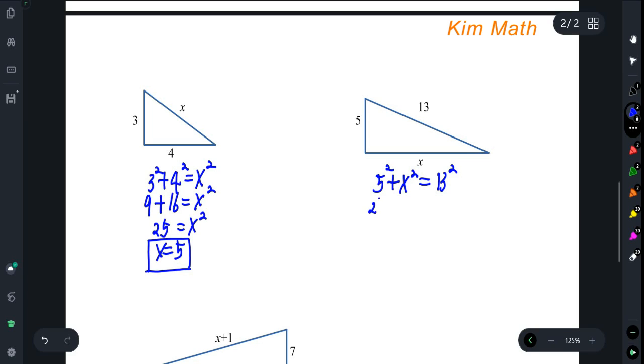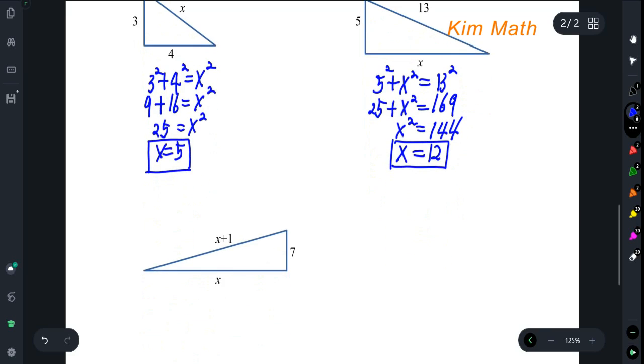So this is 25 plus x squared equals 169. If you subtract 25 from both sides, x squared equals 144. So x, if I choose a positive number only, will be 12.